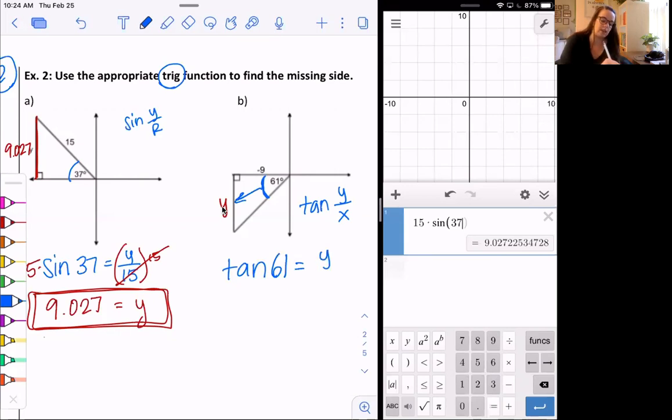I'm going to put y here. I know it should be negative, but I'm just going to use regular y for now. And then -9 can go here. That is my x. If you put a negative here, it will just tell you the positive version. It's not a big deal because I know on my graph I'm going to be putting the negative.